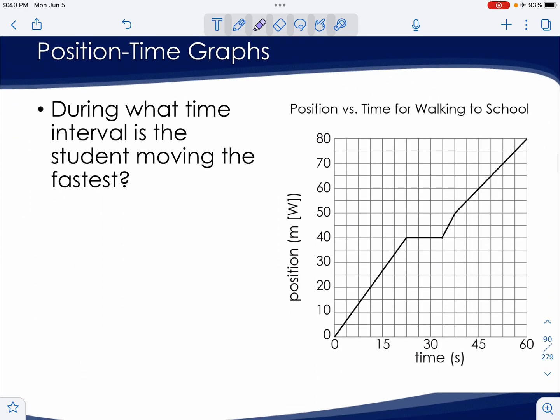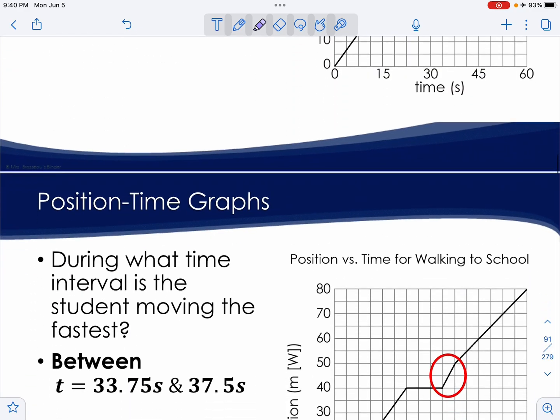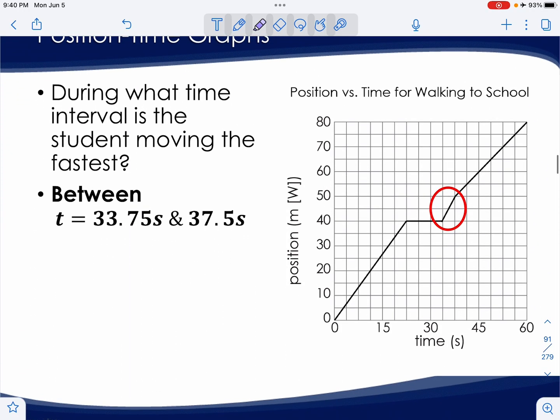During what time interval is the student moving the fastest? Pause the video. Yep, right there. So if you look at it closely, we can say it's between here and here. And you can see that this is 30 and this is 45.